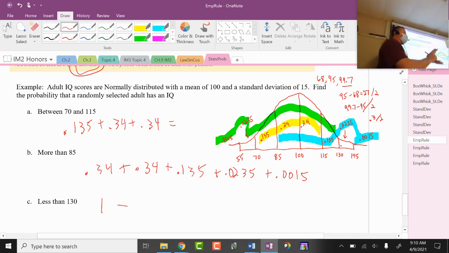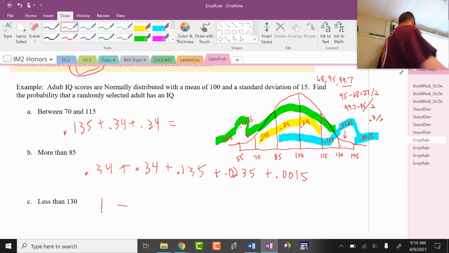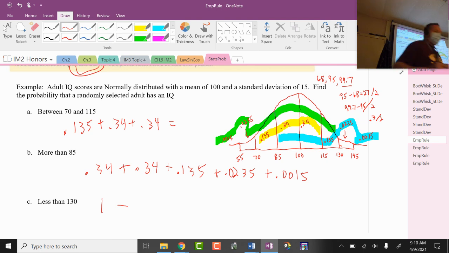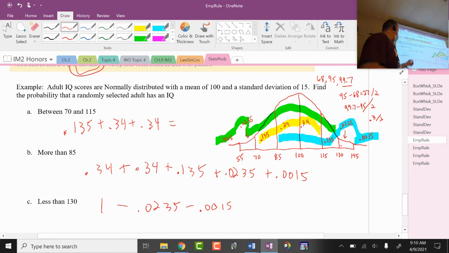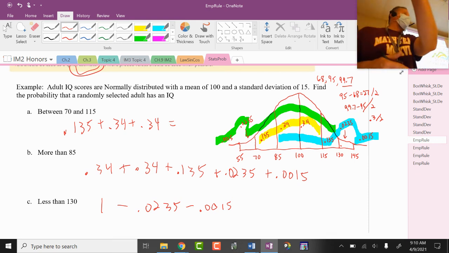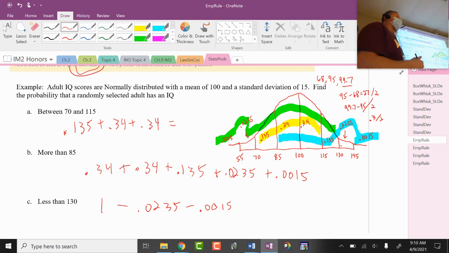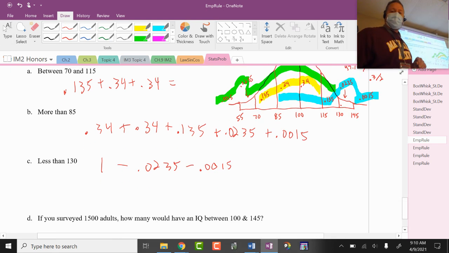Taking one, which represents 100% of the data, and subtracting the opposite of less than 130, which is greater than 130. 0.0235, and don't forget that 0.0015. Okay, so hopefully you understand that, right? Instead of adding all of those up, we could take one minus the other possibility, the opposite of it, those probabilities. And one represents 100%.